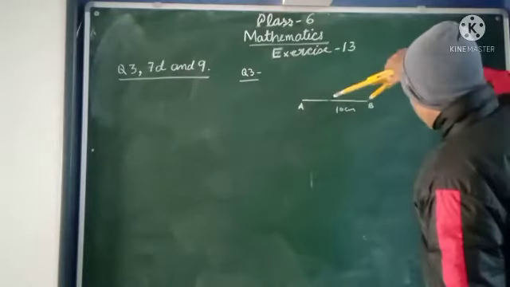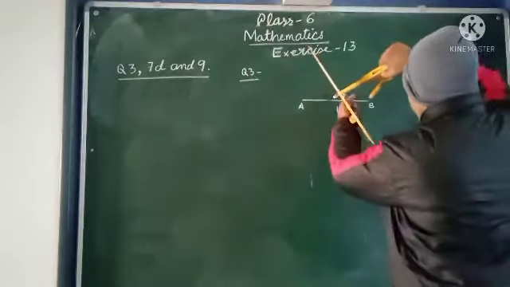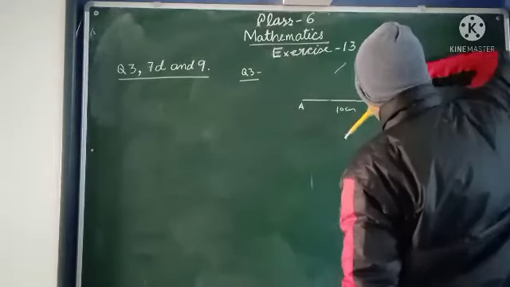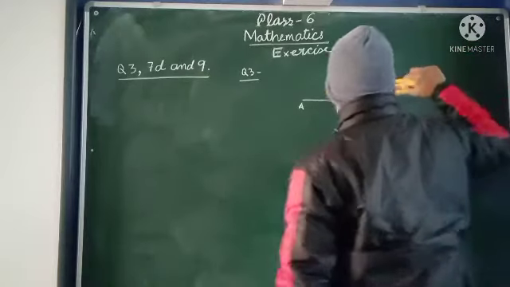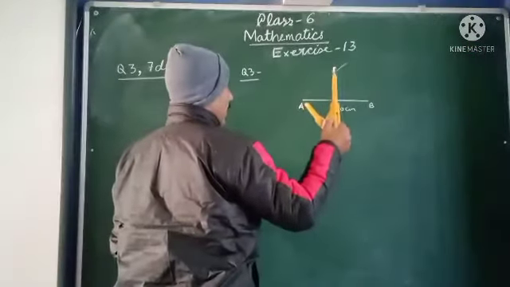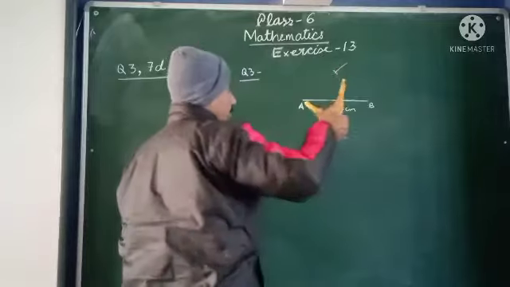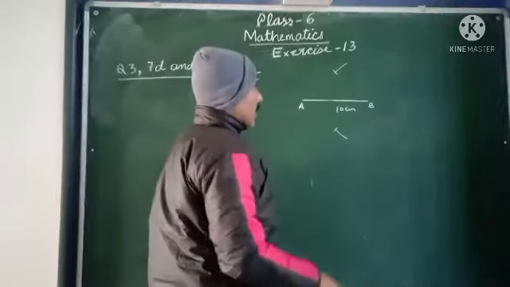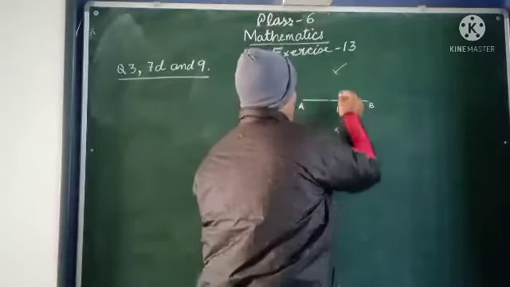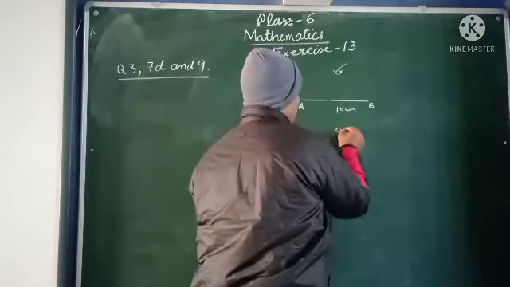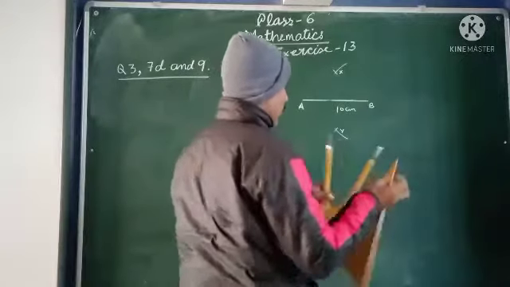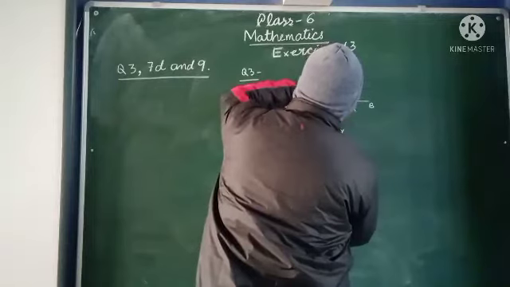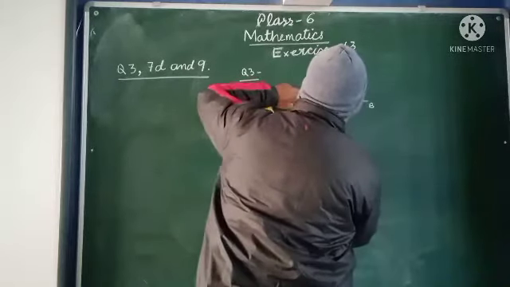To do so, we take more than half radius and draw the arcs on both sides of this line segment from both ends A and B. You see these two arcs are intersecting at 2 points, suppose X and Y. Now we can join X to Y. We will divide this given line segment into 2 parts.